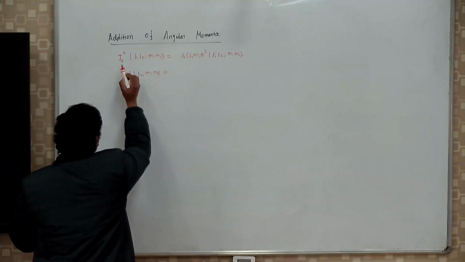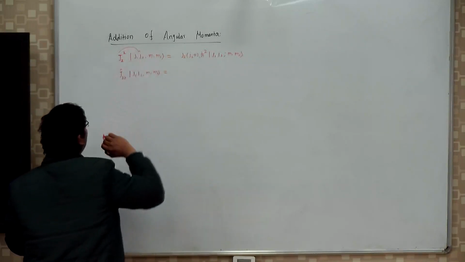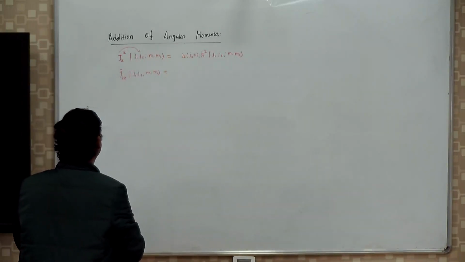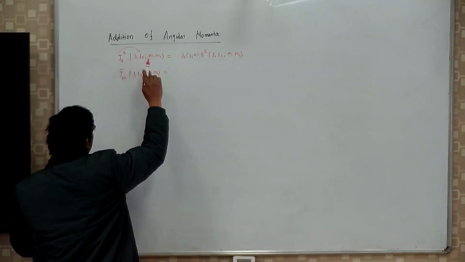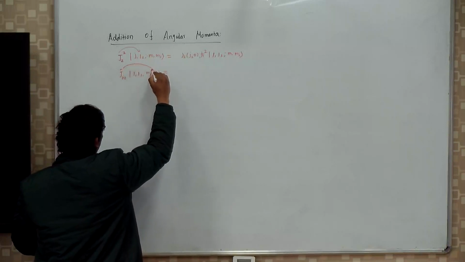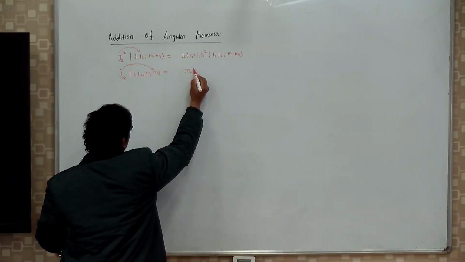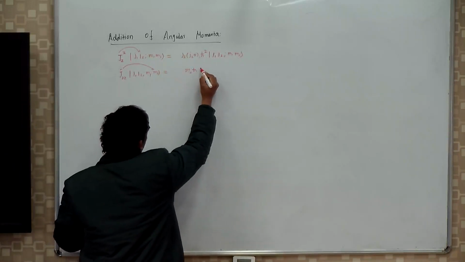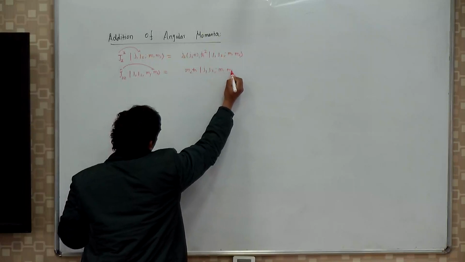It plays with the angular momentum quantum number J2 and the magnetic quantum number M2, and it produces the eigenvalue M2 h cross times |J1, J2, M1, M2>.